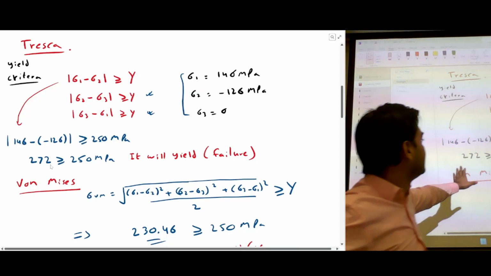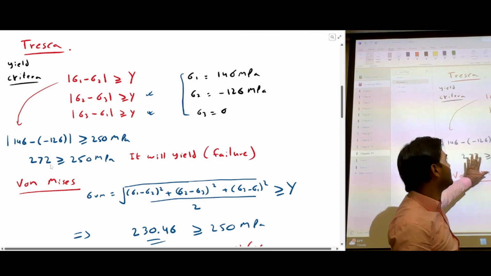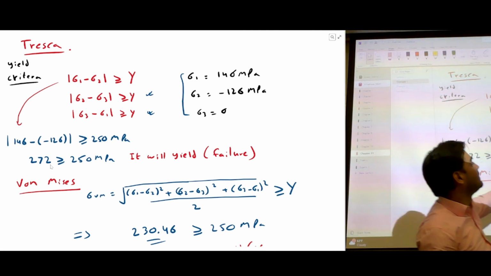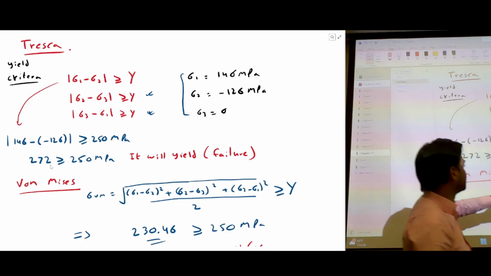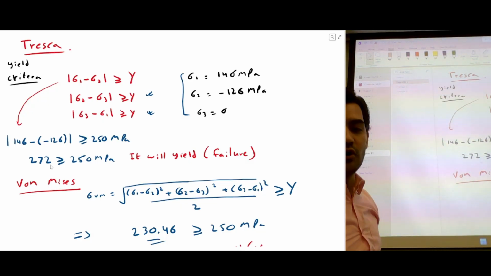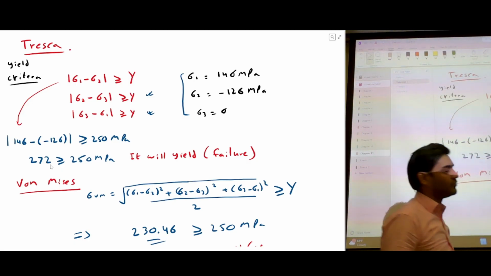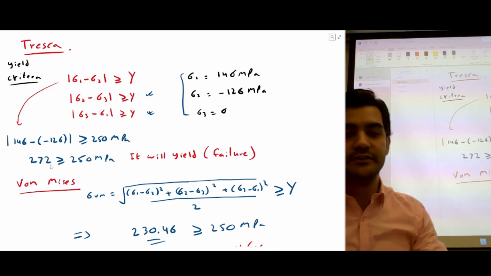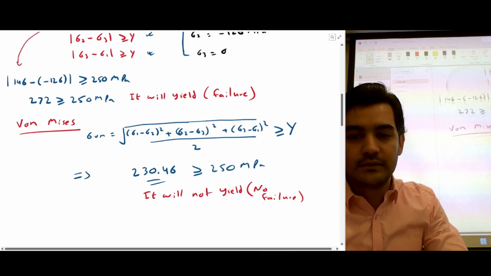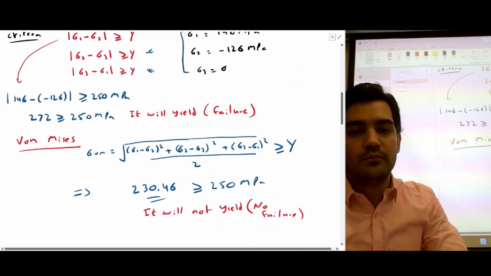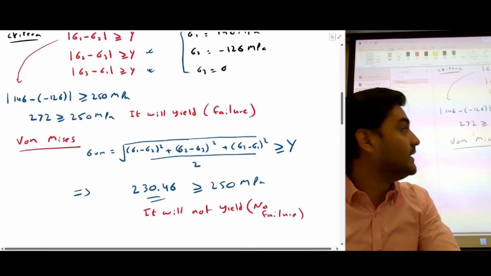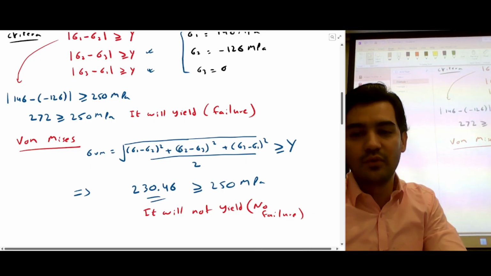So Tresca theory suggests that this stress element might yield. So this will yield according to Tresca. We also used von Mises. So von Mises theory suggests that it will not yield. So two theories are giving us different results, so we don't know. But most likely, experimental studies suggest that von Mises is the more accurate theory.